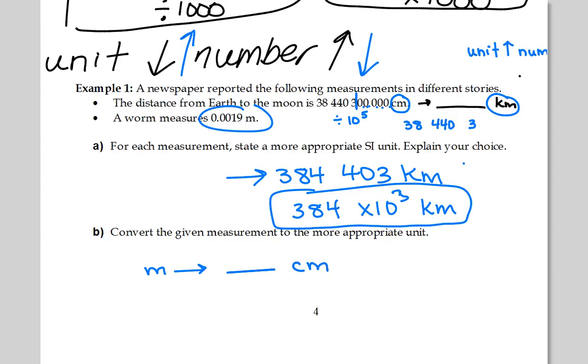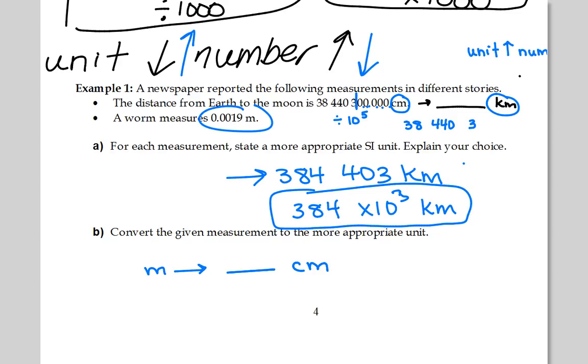Ultimately, it doesn't matter. How many moves from meter to centimeter? 2 jumps, right? Now, does the unit get bigger or smaller? Meter to centimeter. The unit got smaller. The centimeter is a smaller unit.